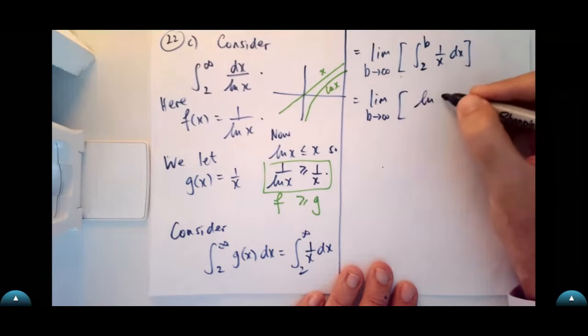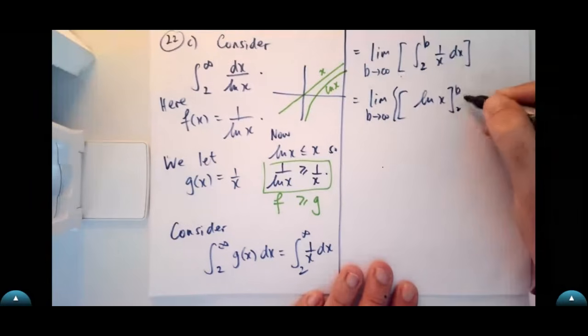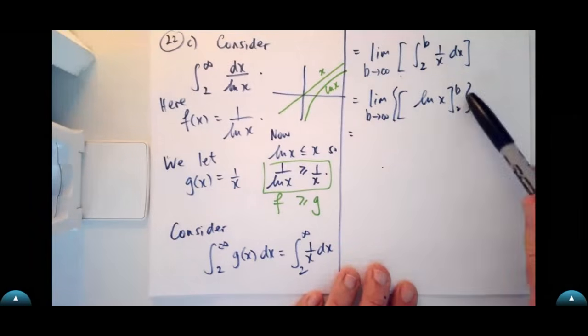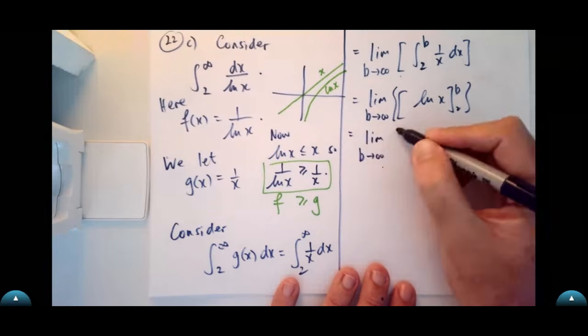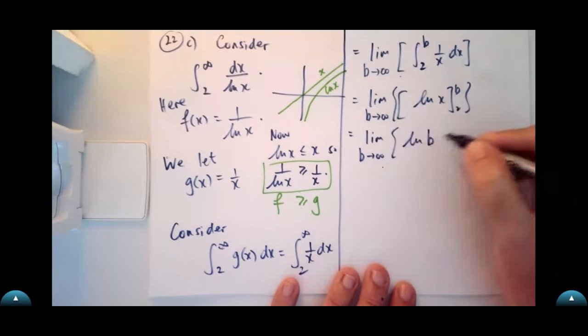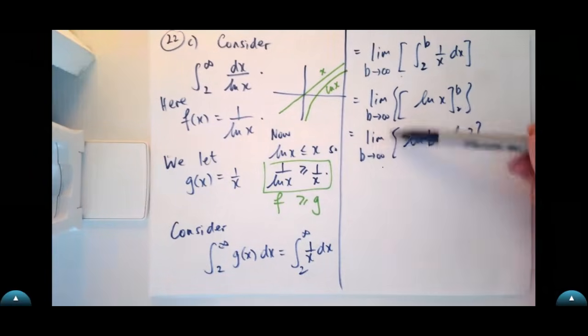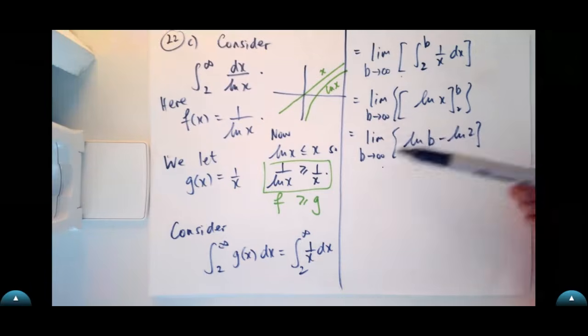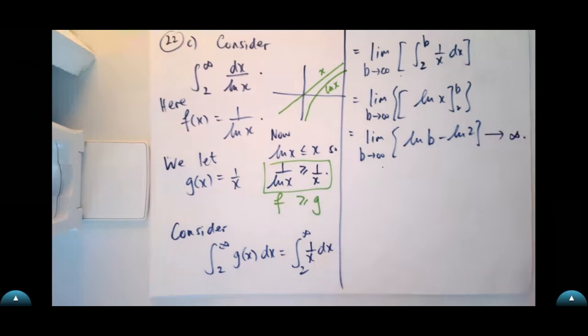If I integrate that, I get the natural logarithm of x. So I put in b, I put in 2. What is this limit going to? As b approaches positive infinity, what happens to this function? What does it approach? Yeah, thank you. Which goes to infinity.